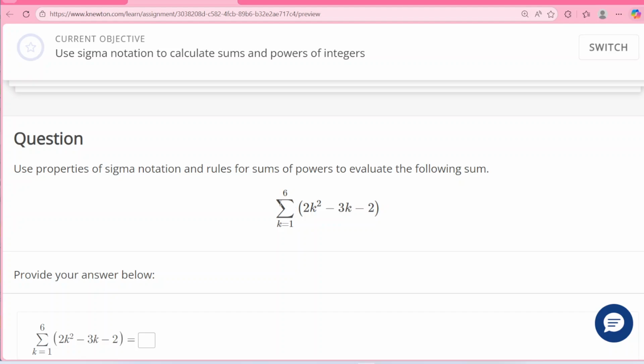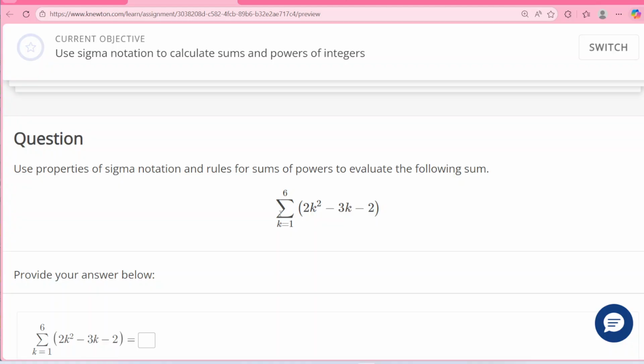So now, this is called sigma notation. This is the Greek letter sigma. And I'll write this out and identify some things. When you see this sigma symbol, it means you're going to be adding, taking a sum.